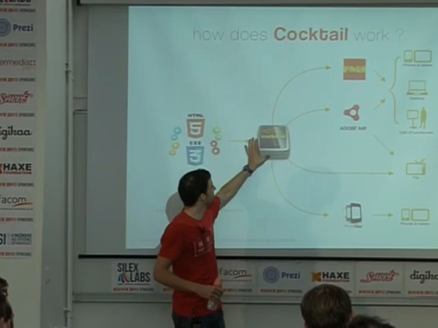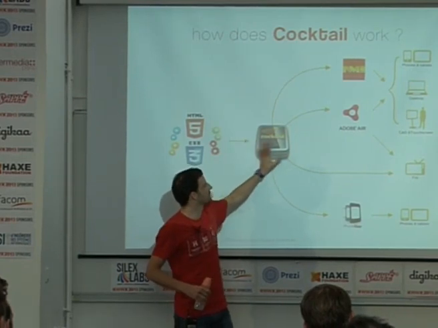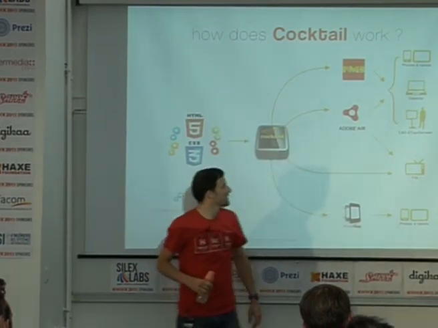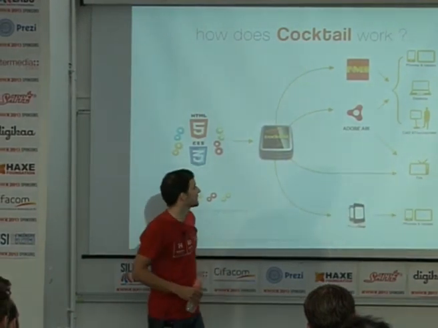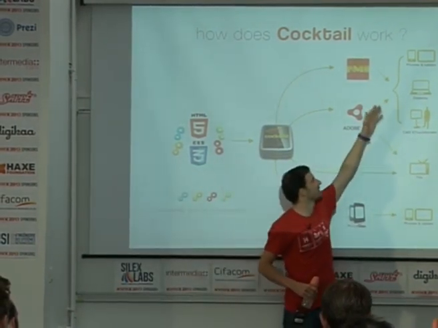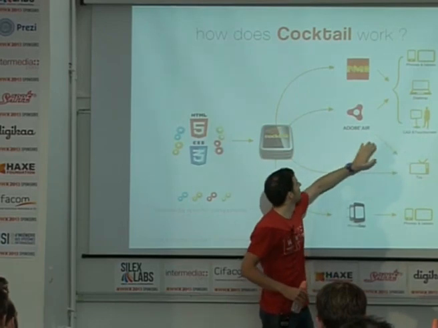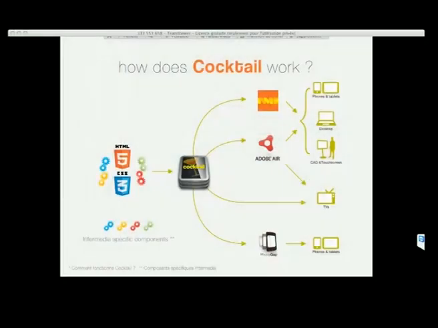Cocktail is really useful mostly for the Adobe AIR and NME part, so that you can target many different devices such as phones, tablets, desktops. And the good thing with AIR in comparison to NME and PhoneGap is that it's the only one to target TVs for the smart TVs part, even if some now support HTML.